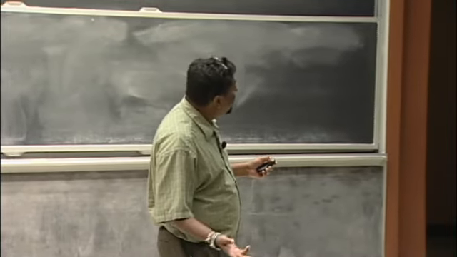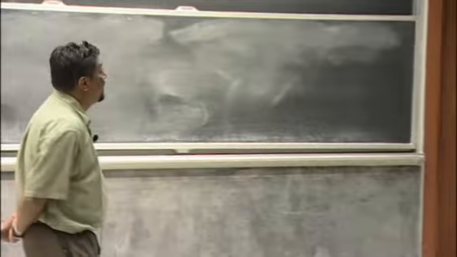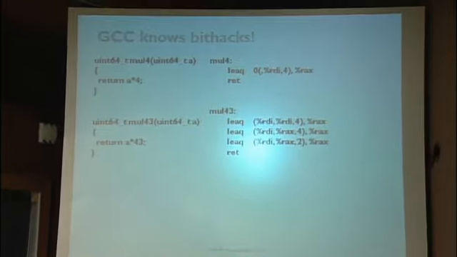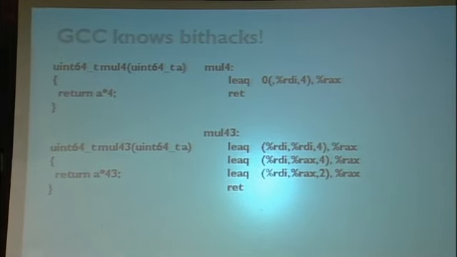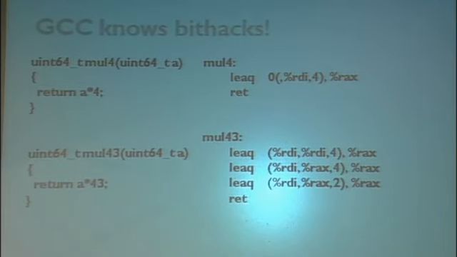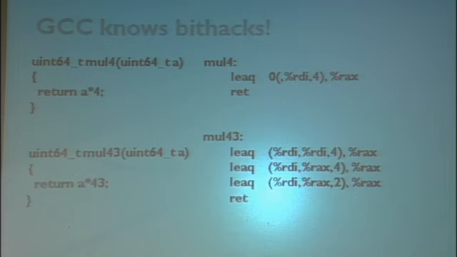So it did something interesting. Here's what it did. I want you guys to stare at it a little bit and see whether you can even figure out what's going on here, because this is kind of funky. So what happens after the first LEAQ?